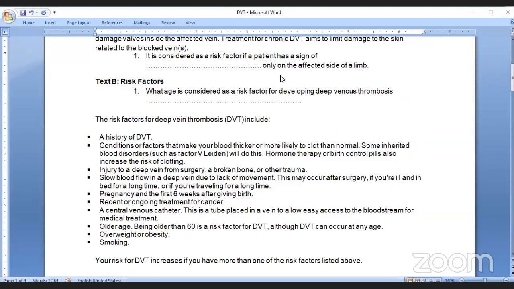Six weeks after birth? Older age? Any age? Here is the other option also: it can occur at any age. First six weeks after birth.